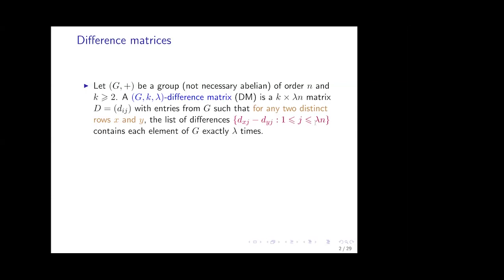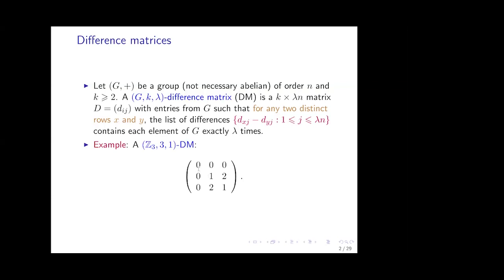Here is an easy example. In this example, the elements are taken from a cyclic group of order 3. We can check that for any two distinct rows, their differences cover 0, 1, 2, the 3 elements, each exactly once. So the parameter is (Z3, 3, 1), where the second 3 means 3 rows. Even though this example is very easy, we can see a little more.